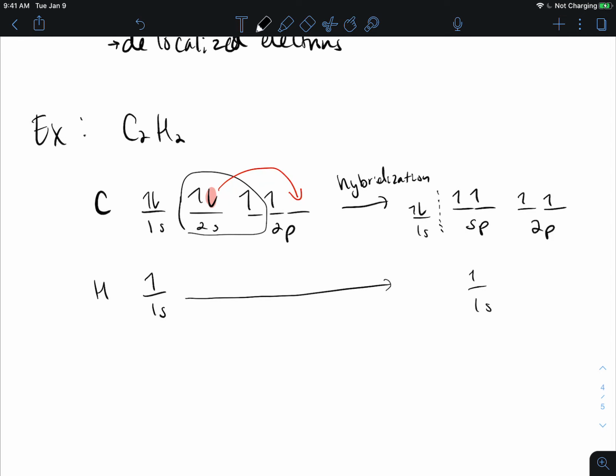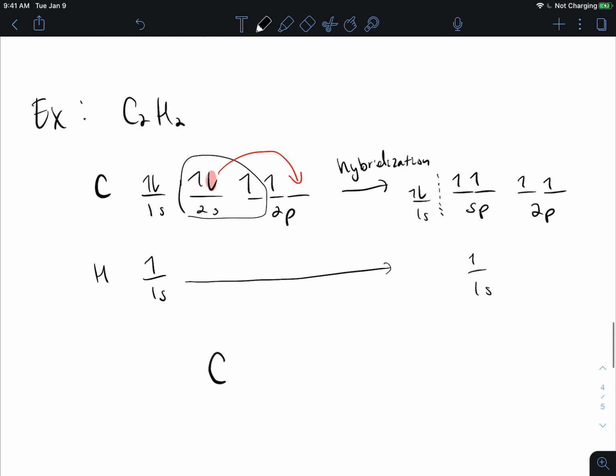So we will have a carbon that is surrounded by 2 sp hybridized orbitals, and then it's going to have 2 unhybridized p orbitals that are going to be 90 degrees away from each other. We have 2 carbons that are the same hybridization, so we're going to have the same thing occur here.